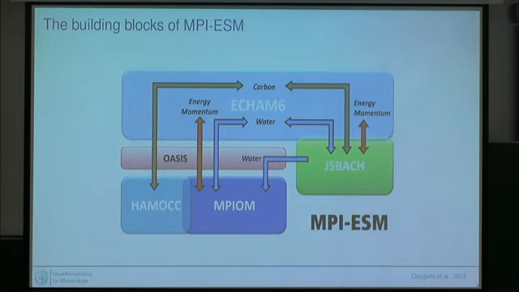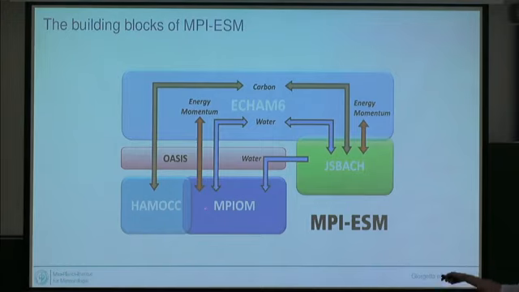So this is a sketch of our Earth system model we have at the Max-Planck-Institut. It consists of an atmospheric model, the ECHAM, where EC is the European Center in Reading, and HAM is Hamburg. So back in the old days, ages ago, this model was developed by these two institutions. It's the atmosphere.